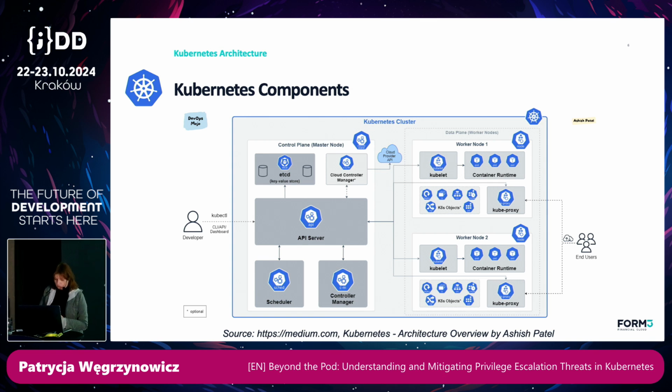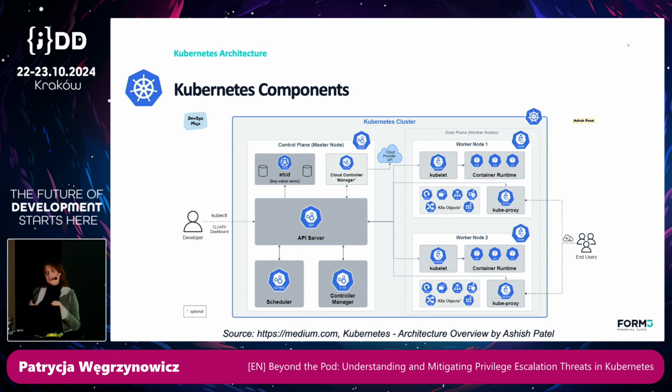Before we go to hacking, it's good to understand what we are attacking, right? So when it comes to Kubernetes, there are 2 main components here, control plane and worker node. Control plane is basically managing Kubernetes clusters.